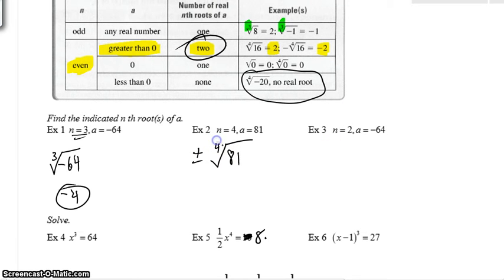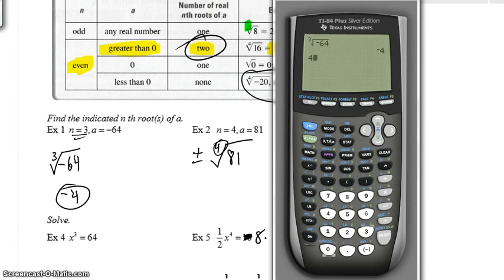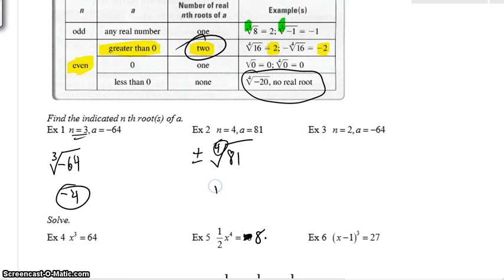That 4 is right here in that little crevice. It's telling us it's a fourth root. First you press the 4, then press math, come down to number 5, and once you hit enter, the 4 is placed in the correct index position. If you took the fourth root of 81, you'd just get a 3, but again, that's plus or minus 3.